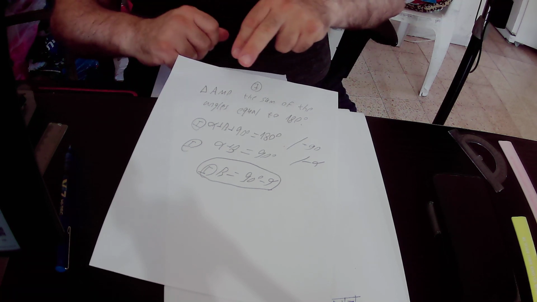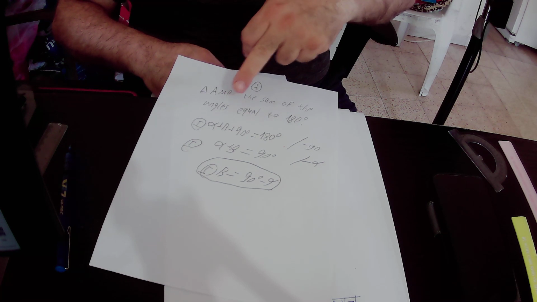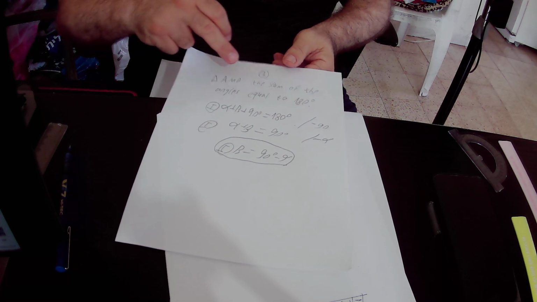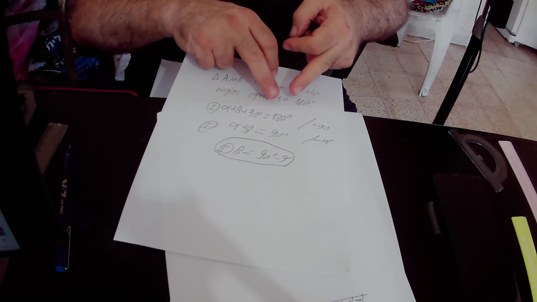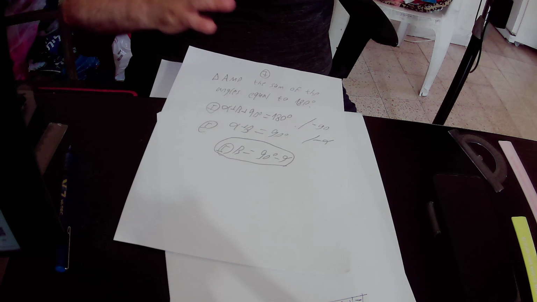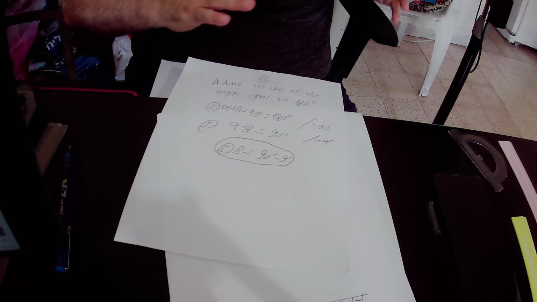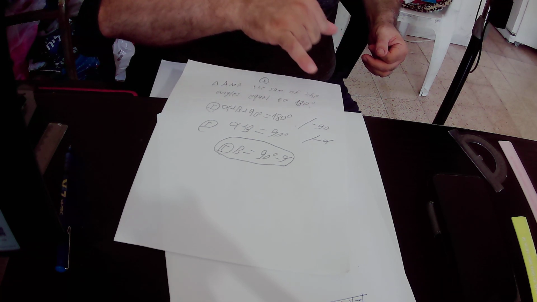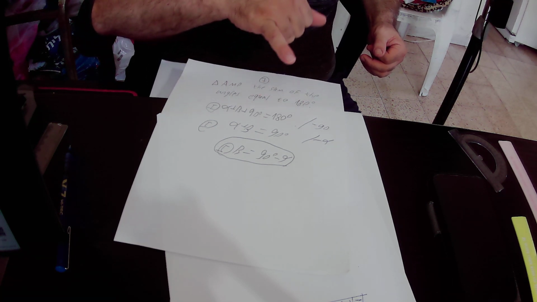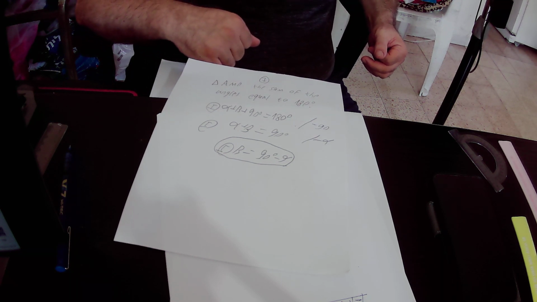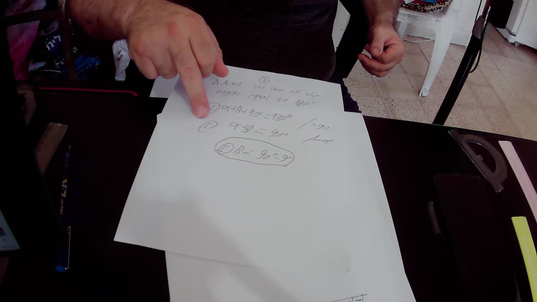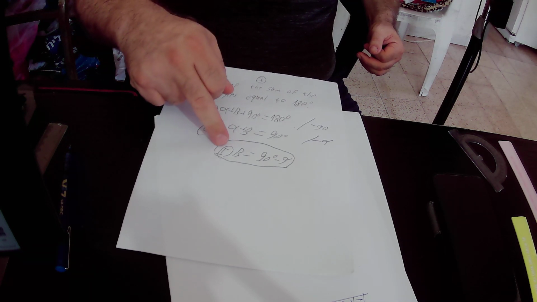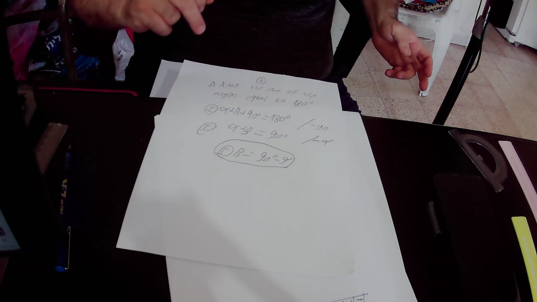We substituted 90 degrees from equation number 1, and we got that alpha plus beta equals 90 degrees.